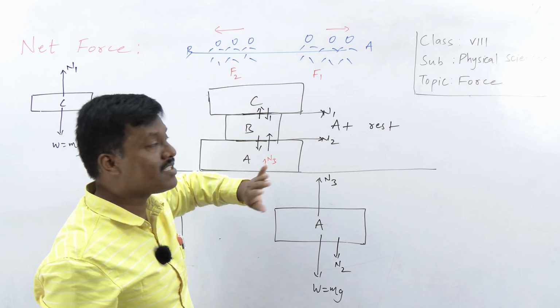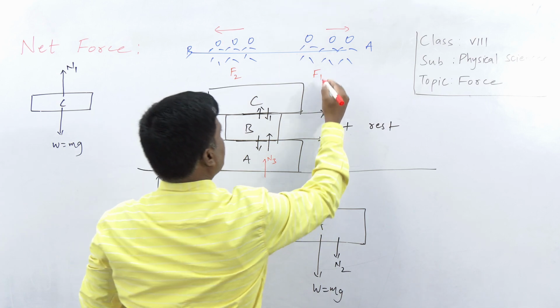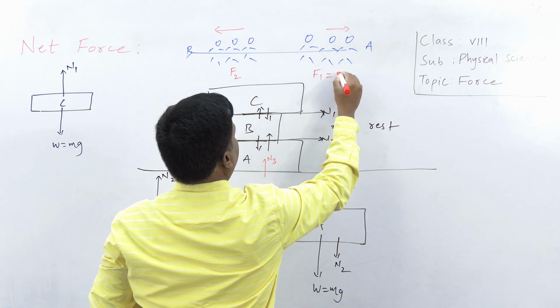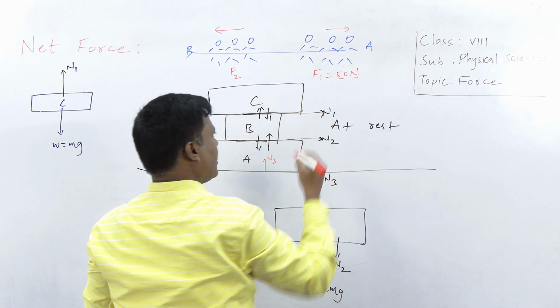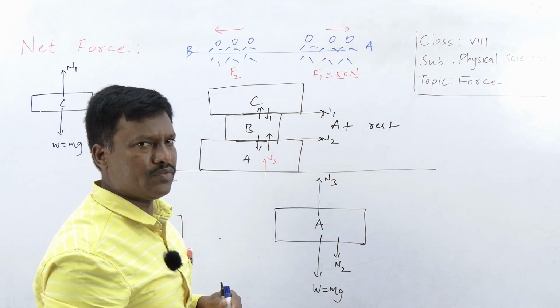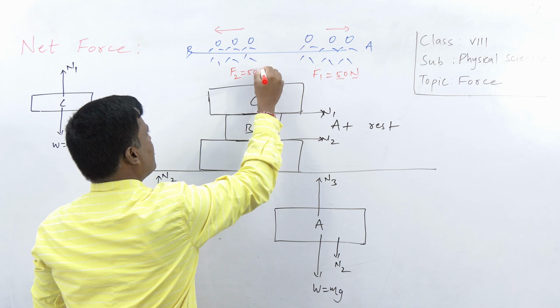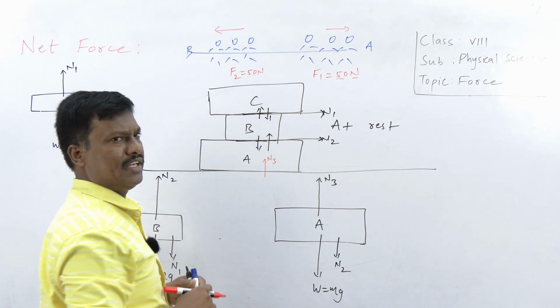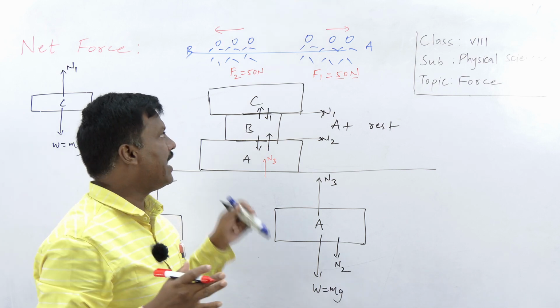Now, how many forces are acting on the rope? Two forces are acting on the rope. Let's say group A is exerting 50 newtons of force. 50 is the magnitude, newton is the SI unit of force. So F2 is also 50 newtons, let's say. Both teams, team A and team B, exert the same force on the rope.